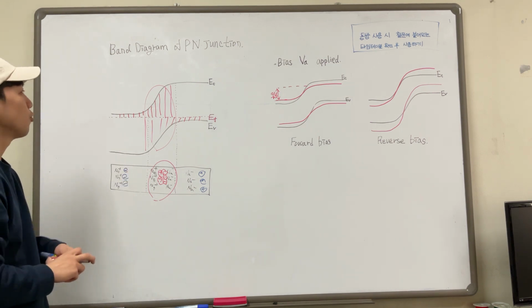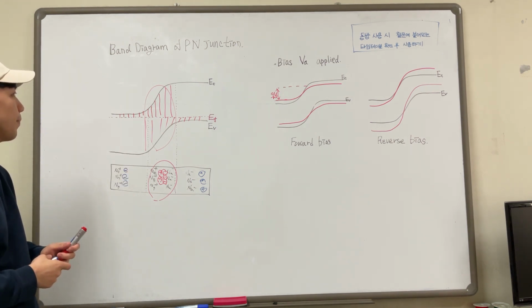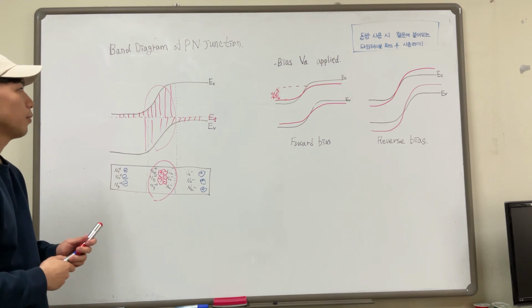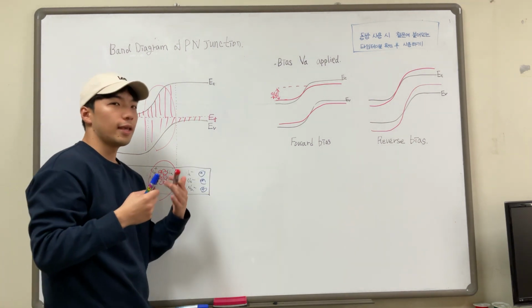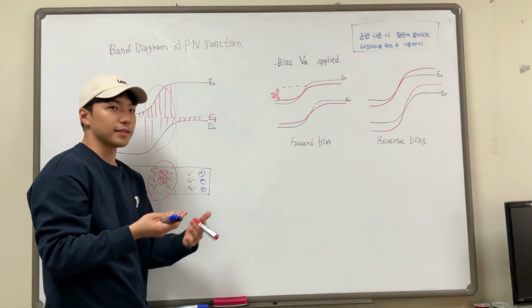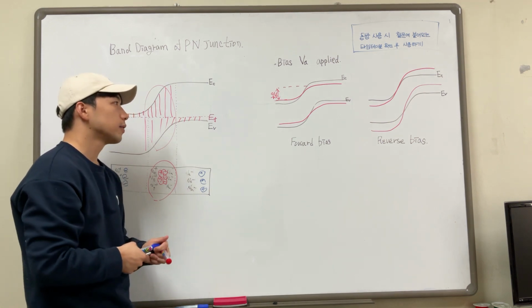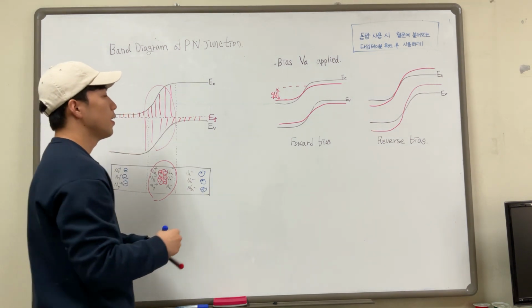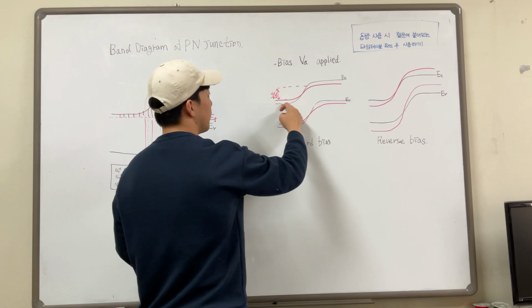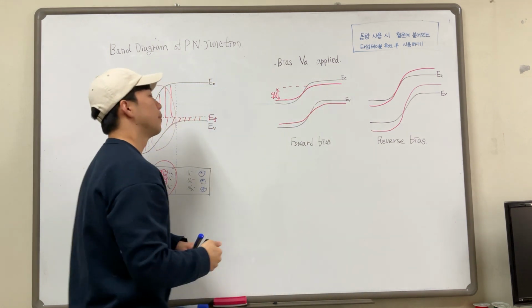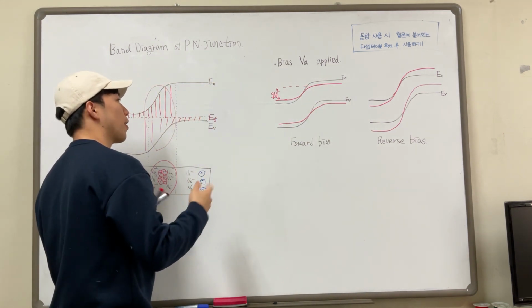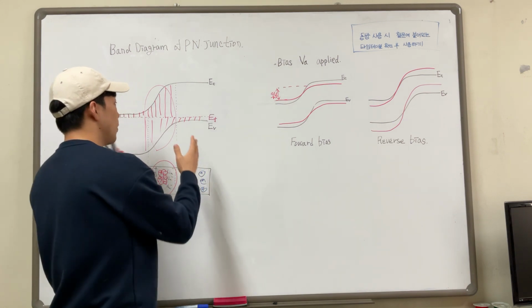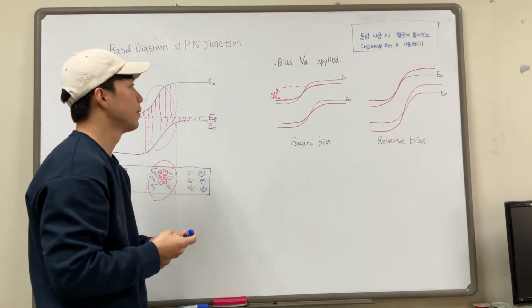After we draw the band diagram, we will talk about when a bias is applied. First, the black graph means the equilibrium state.